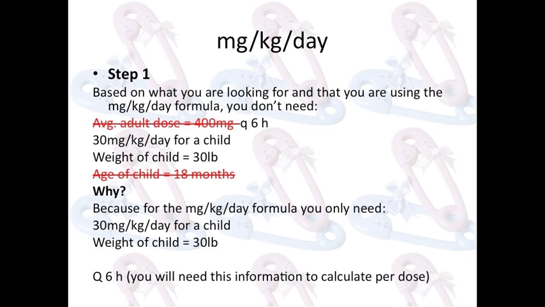You might need the every 6 hours portion of that to calculate the per dose. Then you also don't need the age of the child, which is 18 months. Why? Because for the milligram per kilogram per day formula, you only need 30 milligrams per kilogram per day for a child and the weight of the child, in this case 30 pounds. So every 6 hours, you will need this information to calculate the per dose value.